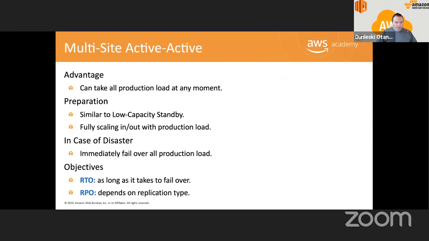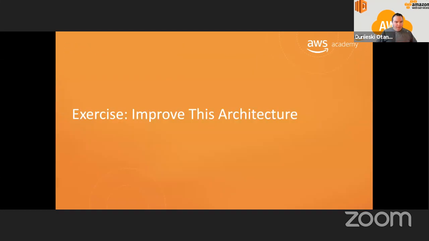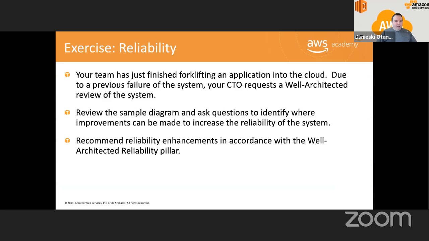So we're saying, improve this architecture. Okay, so your team has finished forklifting an application into the cloud. Due to a previous failure of the system, your CTO requests a well-architected review of the system.